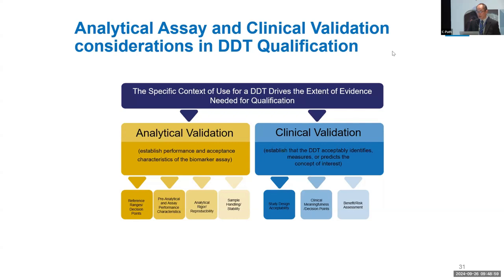And clinical validation will collect the data for how you source the data. Is it prospective studies or retrospective studies? And how you analyze and what kind of statistical tools will be used to validate samples of the data.